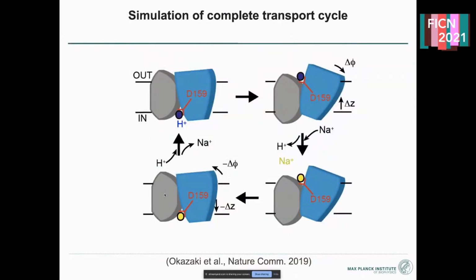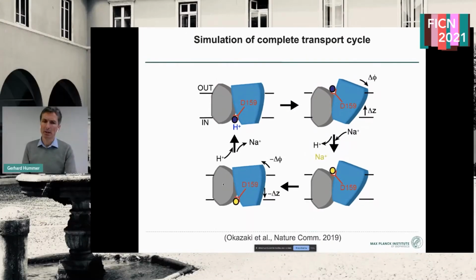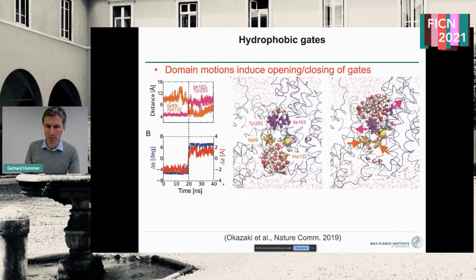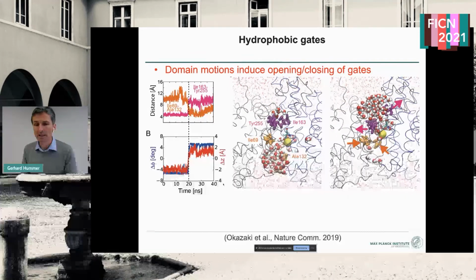So here is a cartoon version now of this. So we have a sliding domain that through an aspartate carries the ion and the proton up and down. That we could simulate, but we also noticed something interesting that goes beyond the default mechanism, and that was that above and below the ion binding site, there are residues which are quite hydrophobic.